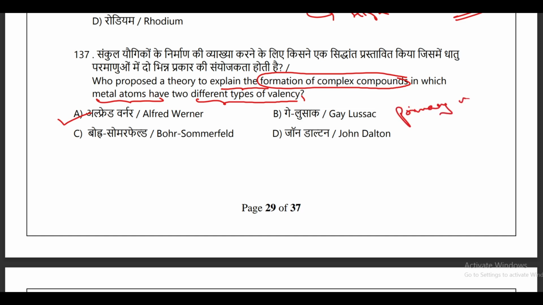One is primary valency and second is secondary valency, okay?